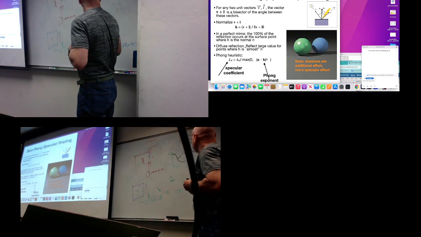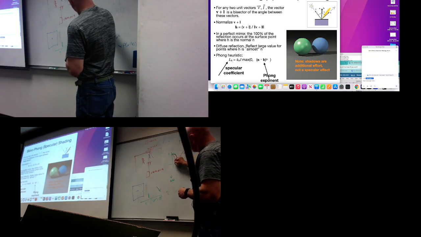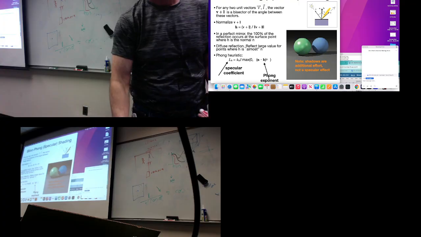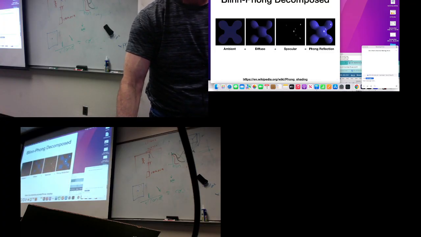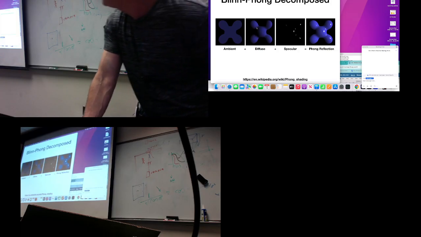I'm doing cosine cube, cosine to the fourth, decreasing faster and faster, meaning that the specular spot is becoming smaller and smaller.